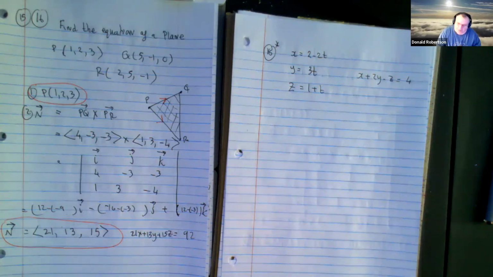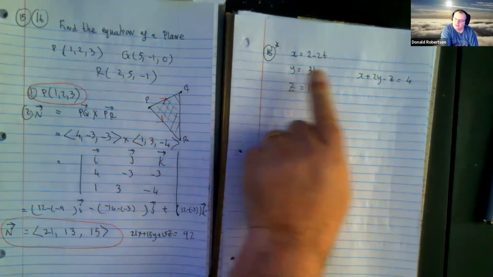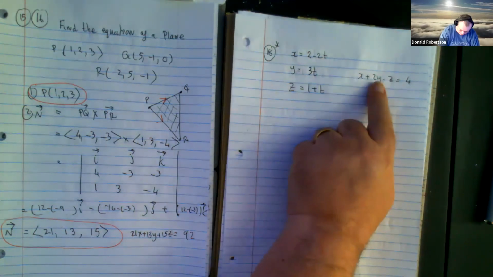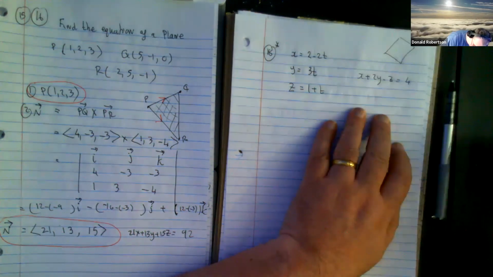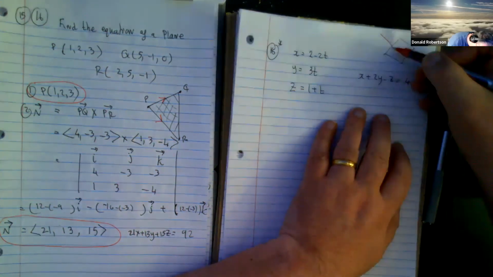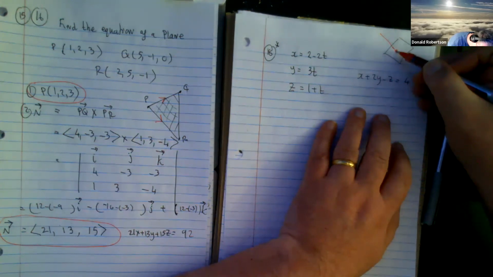Any suggestions about what I should do next? I need to know where this line meets up with this plane. So can you imagine there's my plane? Here's my line. I want to find the coordinates.